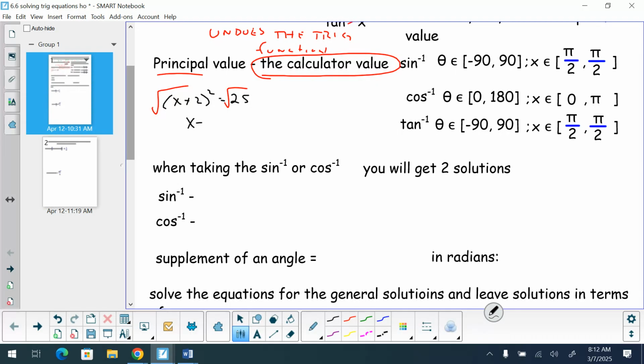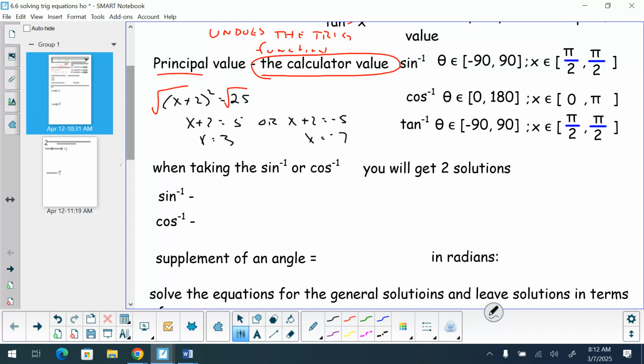So x plus 2 could equal 5, or x plus 2 could equal a second value, negative 5. We have two solutions there. When you have to take the square root to solve an equation, we must make sure that we get a positive and negative. That could be true for any even root. So we get two solutions, x equals 3, x equals negative 7.